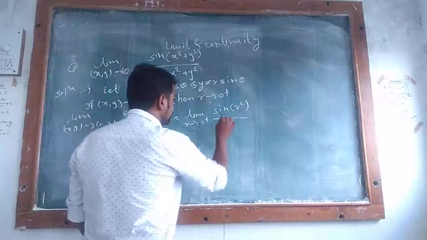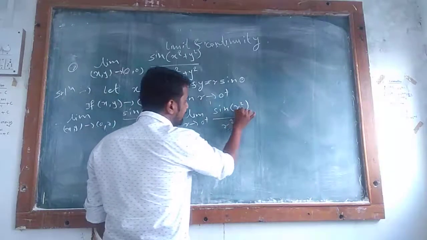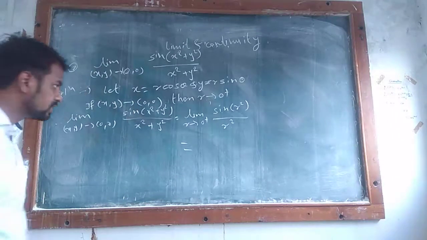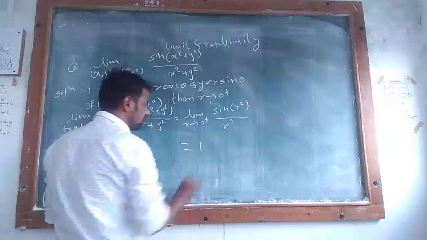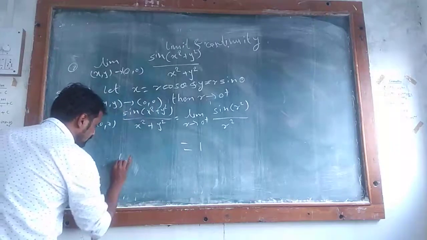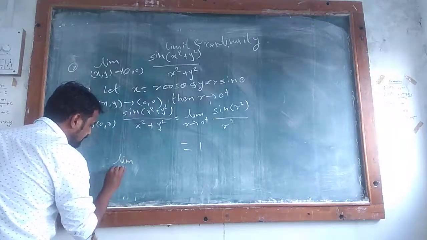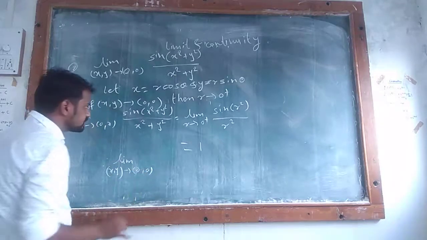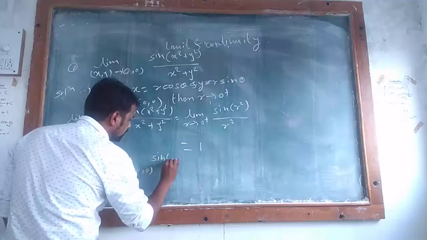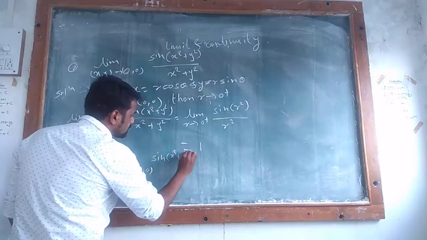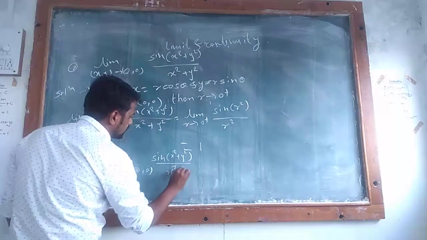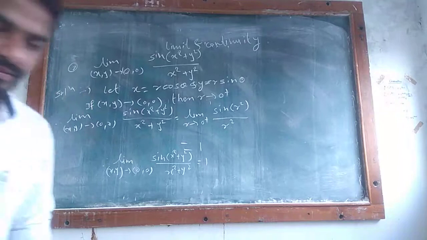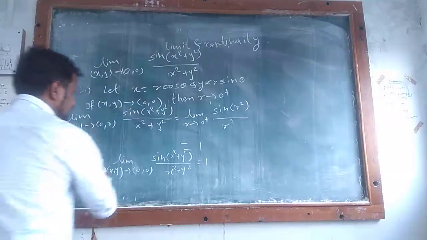Now we know that the limit as a tends to 0 of sin a upon a is 1, so we have our answer: the limit is 1.